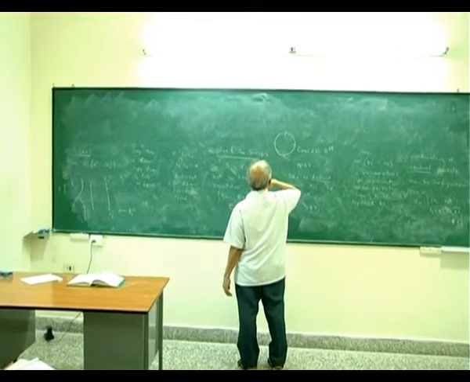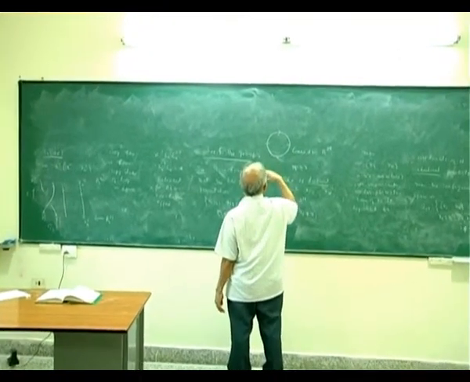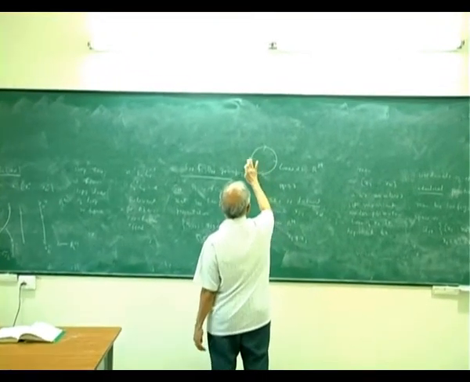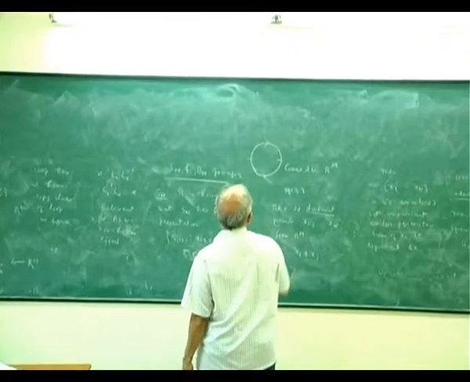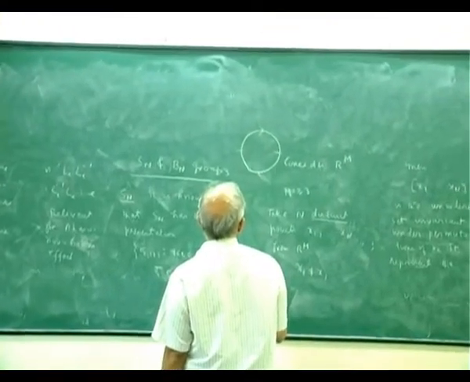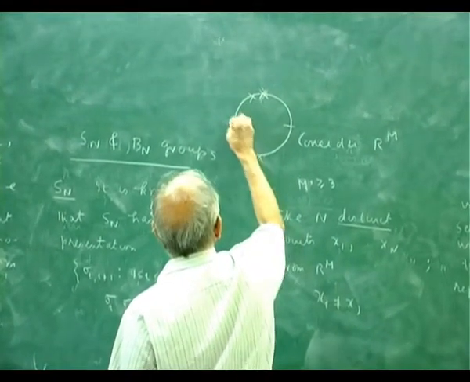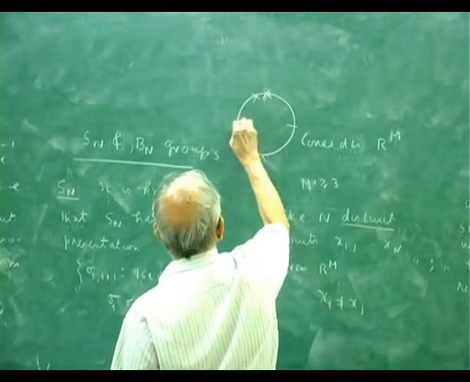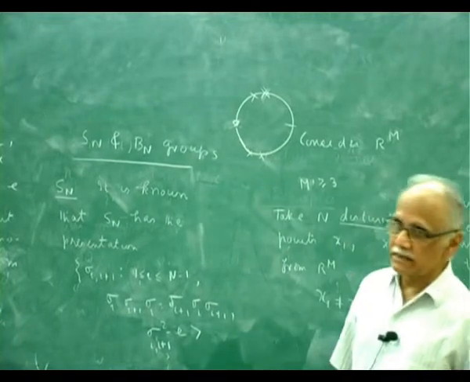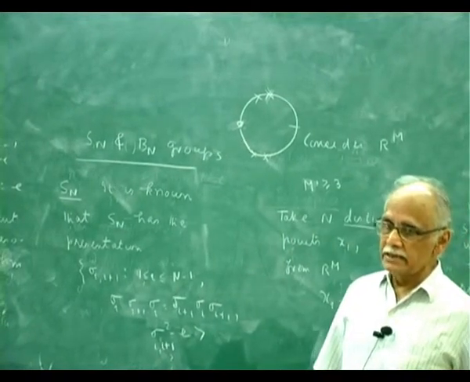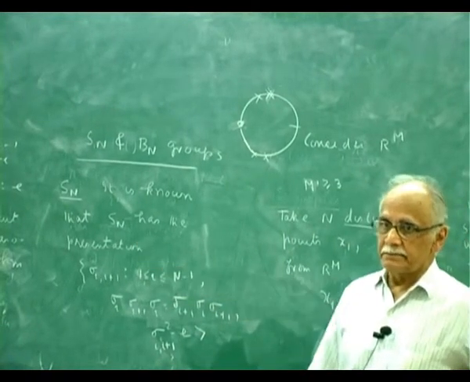But that is singular, right? Because you have to tell how you are identifying. So what happens here? You get a singularity. It is an orbifold. That's not the kind of thing I am considering here.